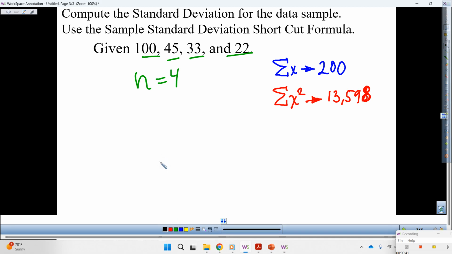Therefore, standard deviation. Share with me where you got standard deviation. Then Logan's going to pass it to someone.